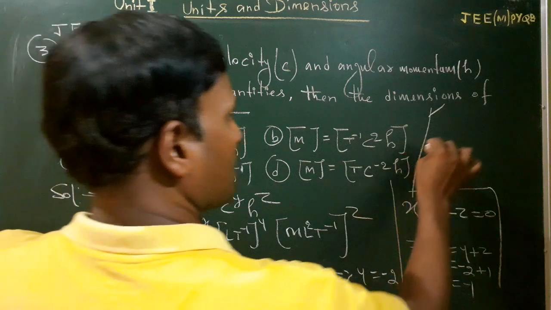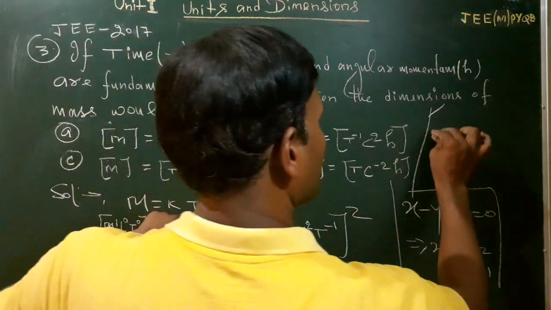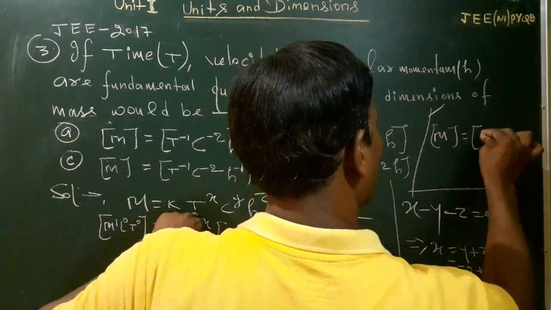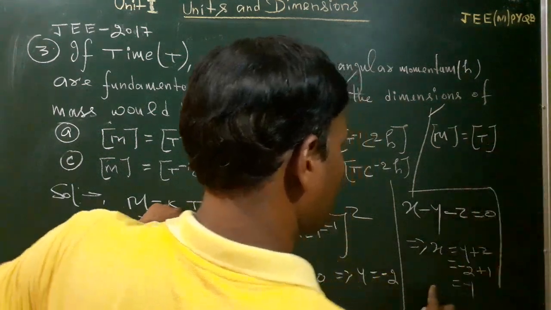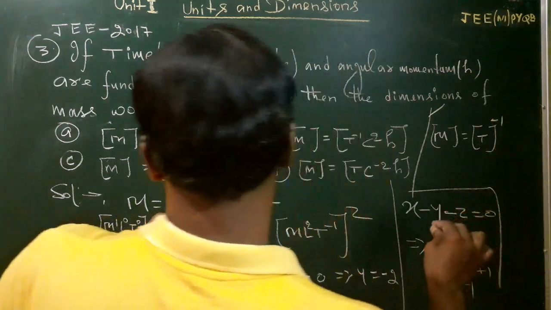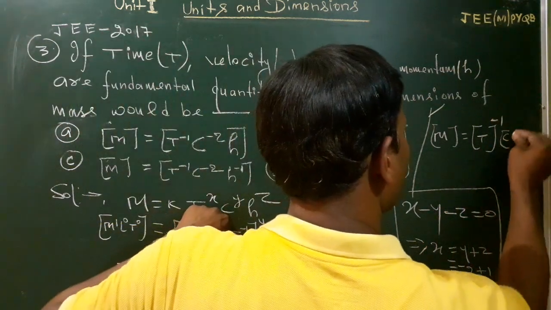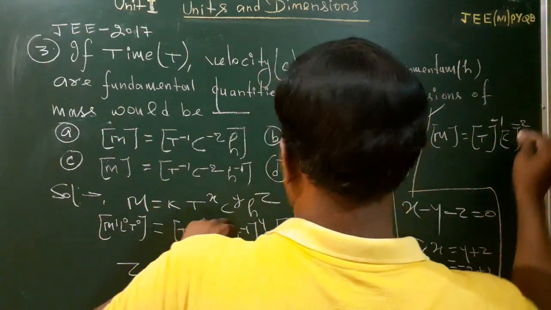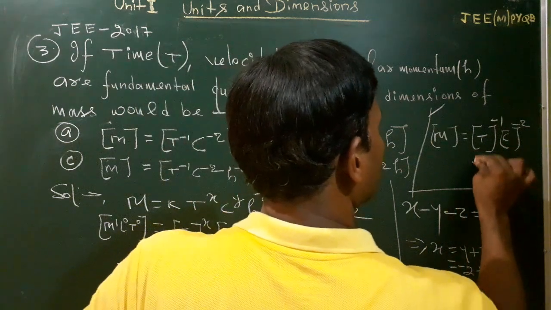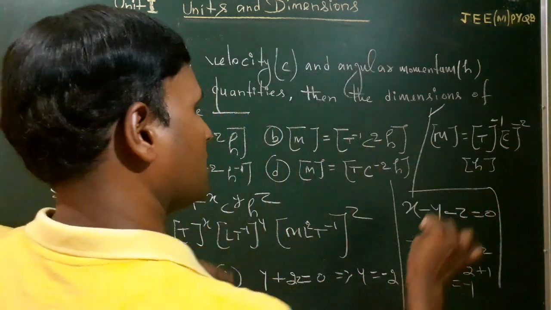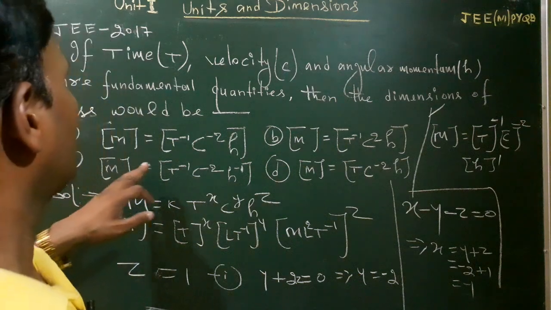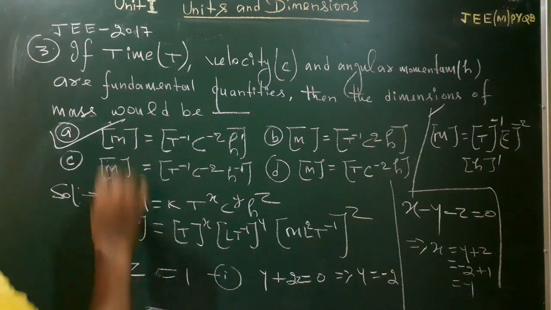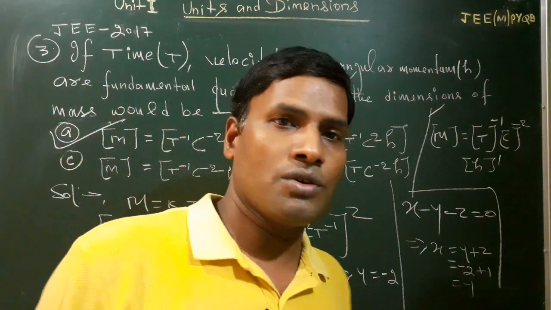Now M can be written as T power X, C power Y, H power Z, that is T minus 1, C minus 2, H1. So the first answer will be correct. This is the way by which we can solve.